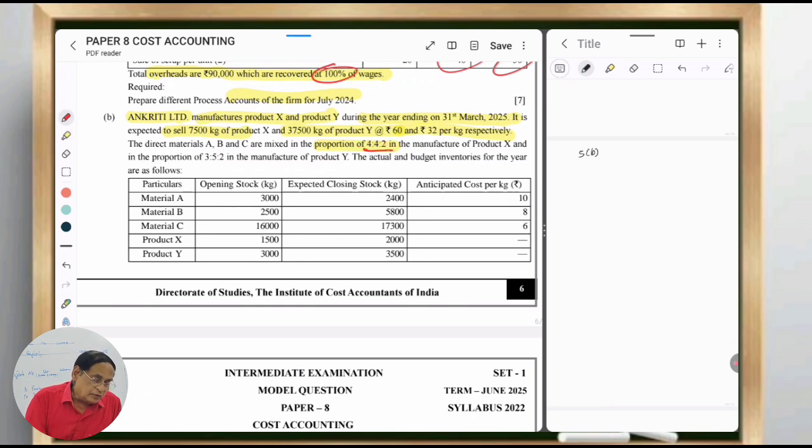Whereas in order to manufacture the product Y, materials A, B, C are required in the ratio of 3:5:2. The particulars of the main raw materials and finished products, opening stock and closing stock are given, and the anticipated cost per kg is also given.